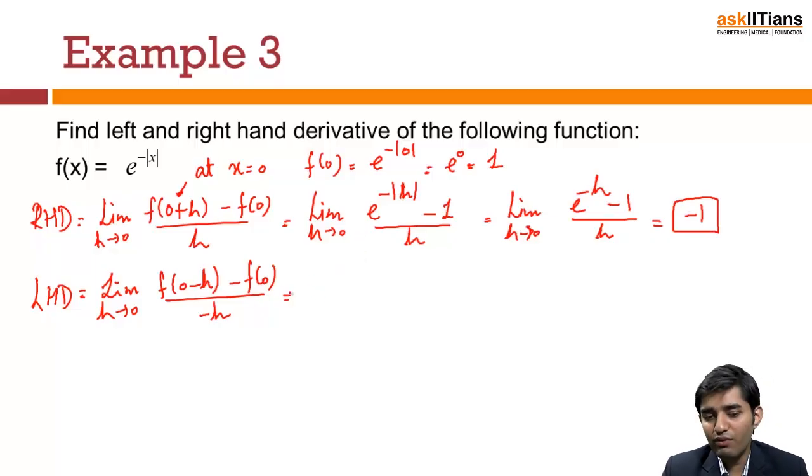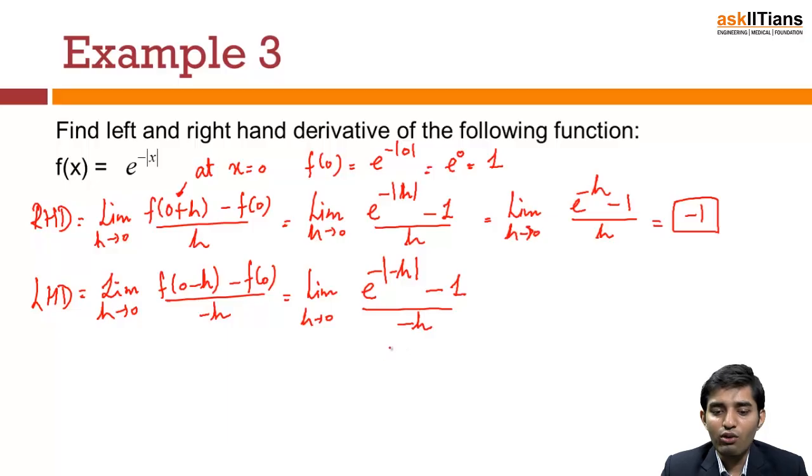Here again, what will be f of minus h? In f of minus h, I will replace x by minus h. So this will be e to the power minus of mod of minus h, minus f of 0, which is 1, divided by minus h. Now what will be mod of minus h? H is positive, minus h is negative, so mod of minus h will be nothing but h, which is a positive quantity.